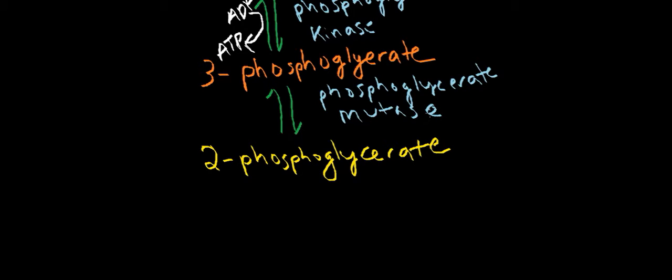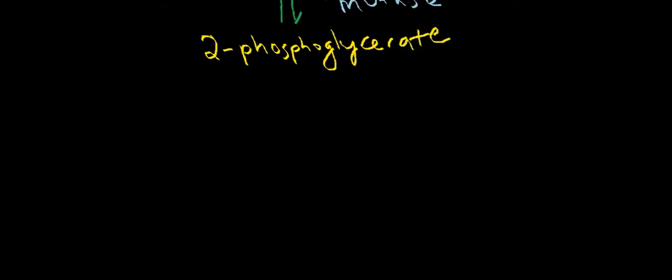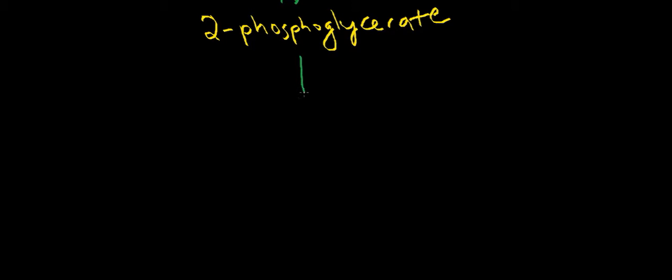To keep moving along, from 2-phosphoglycerate you go to phosphoenolpyruvate, another reversible reaction.